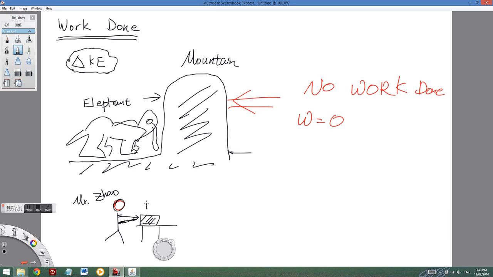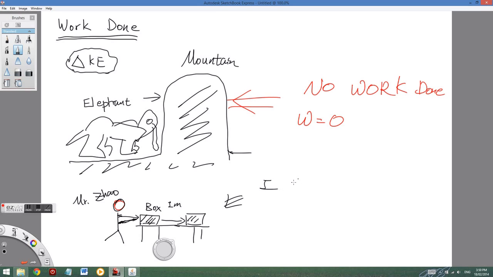Let's say it's just a paper box. I'm pushing a box on a long table for 1 meter. Because the box moved, I did some work.